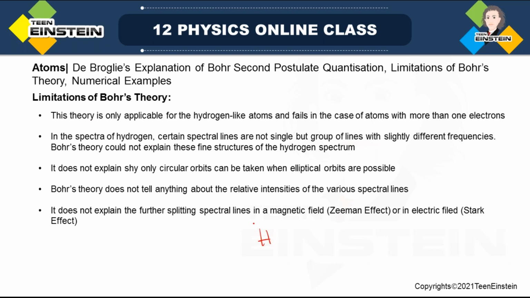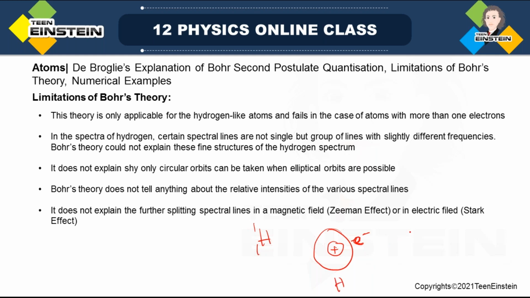Hydrogen atom has only one proton and one electron. Most importantly, you have to remember that hydrogen atom has only one electron. So this is called the simplest element. It has only one electron in the outer orbit.